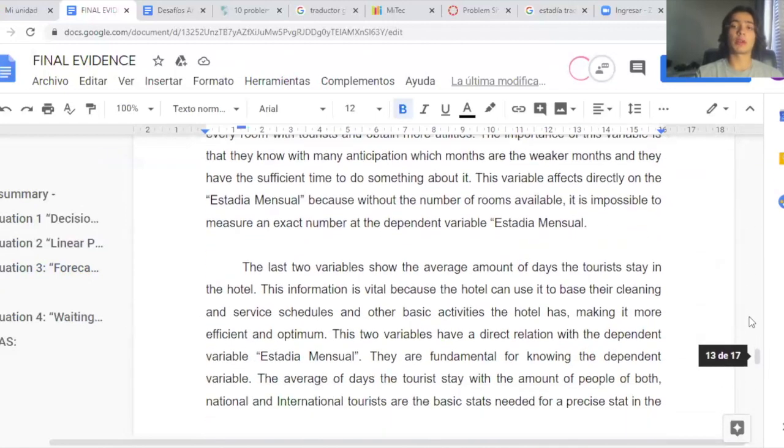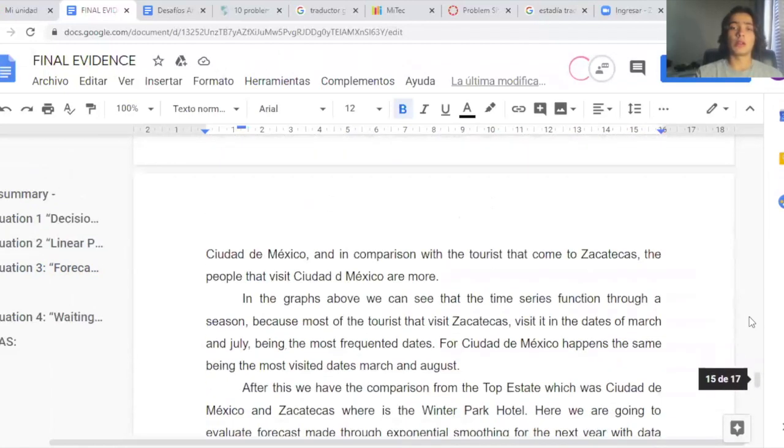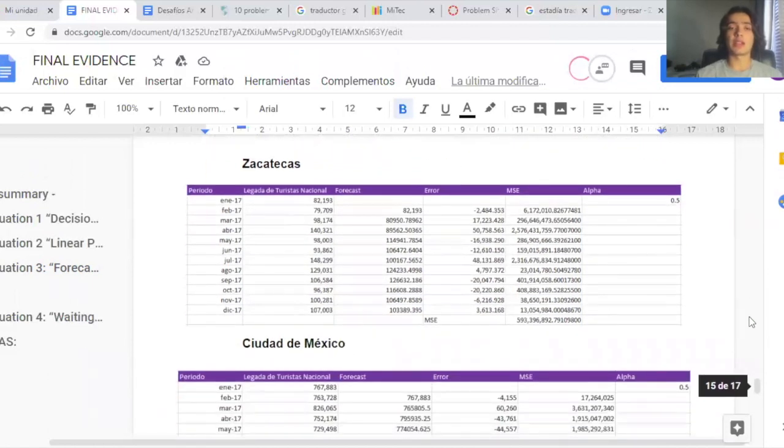Then we compared with the state of Zacatecas, where the Winter Park Hotel is. And we predicted a forecast in which we can see that the predictions for the next year were a decrease on the arrivals from the national tourists, which we consider was the most important variable from the 5 we selected.